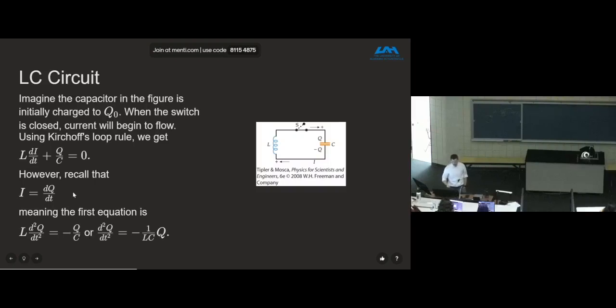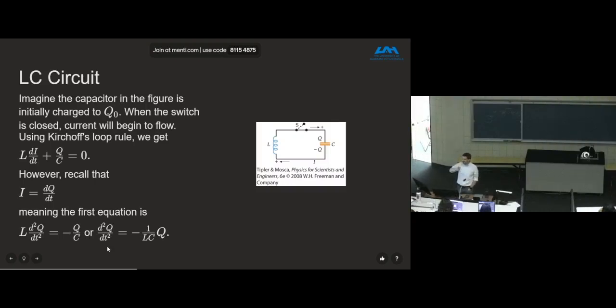But what we have to consider is that the current inside of the inductor, or anywhere in the circuit for that matter, is going to be the change in charge with respect to time, meaning that we arrive at this differential equation: d squared q over dt squared is equal to minus 1 over LC times Q. If you don't know differential equations, this is a very intimidating looking equation.